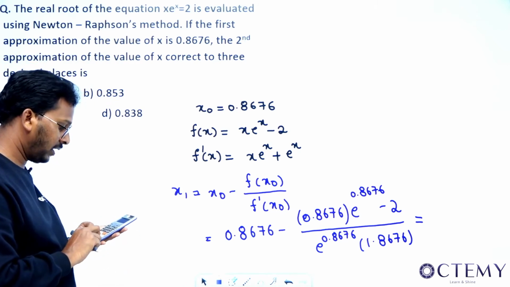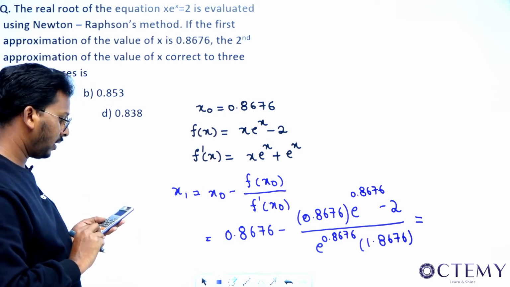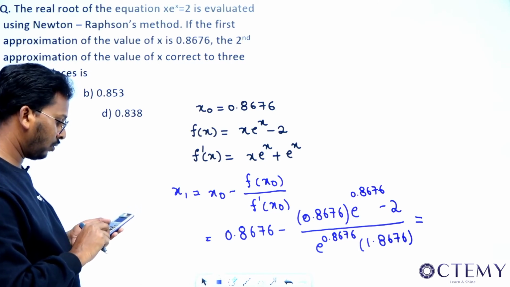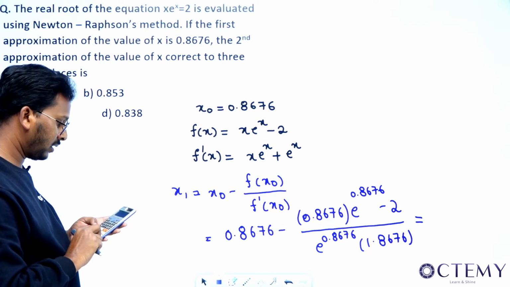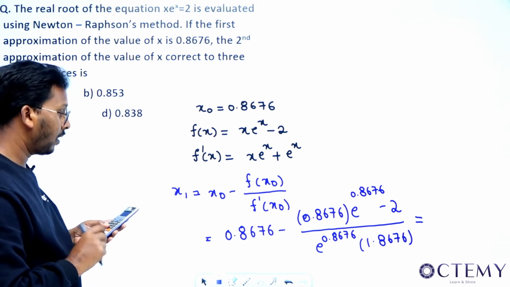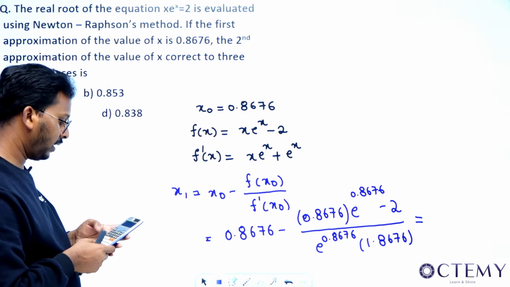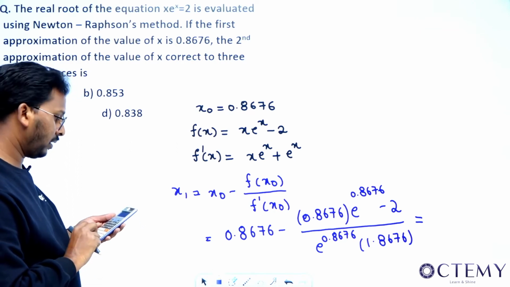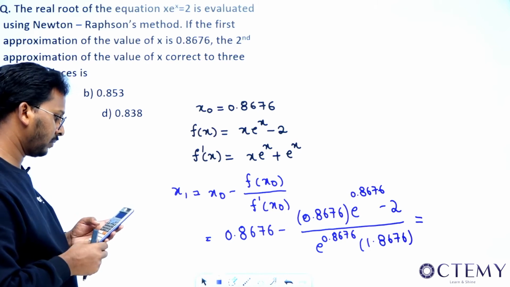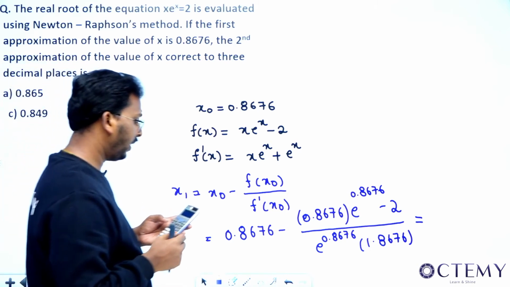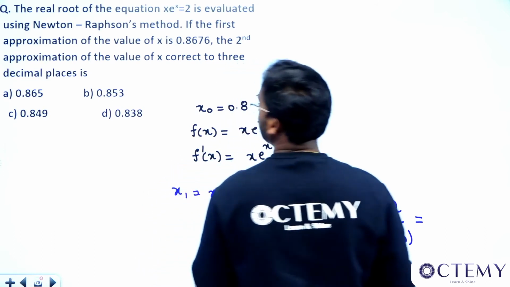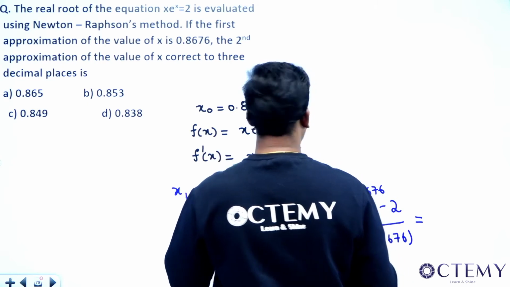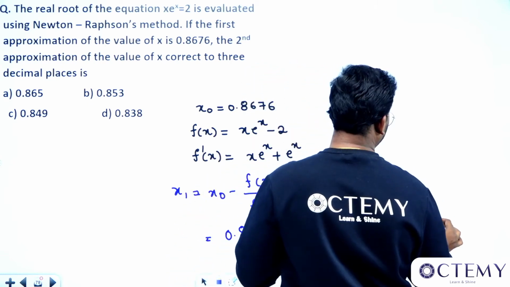That is 0.8676 minus 0.8676 into e power 0.8676 minus 2 divided by 1.8676 into e power 0.8676. That should be 0.85277. 0.853 it will become.